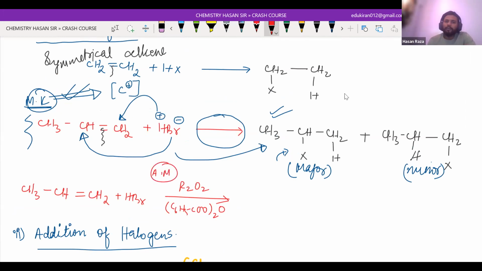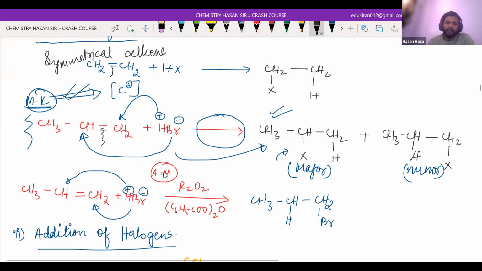And anti-Markovnikov says that the negative part will go to that carbon which has greater number of hydrogen, and the positive part will go to that carbon which has lesser number of hydrogen. You can understand by its name, Markovnikov, anti-Markovnikov, it will be opposite. So this is what you will get in case of anti-Markovnikov. Markovnikov proceeds through carbocation, and anti-Markovnikov proceeds through free radical. So I think it's clear to all of you, right?